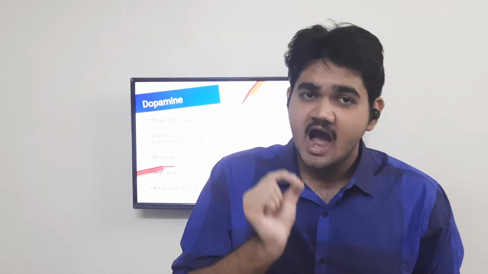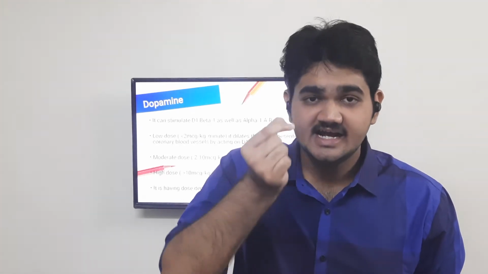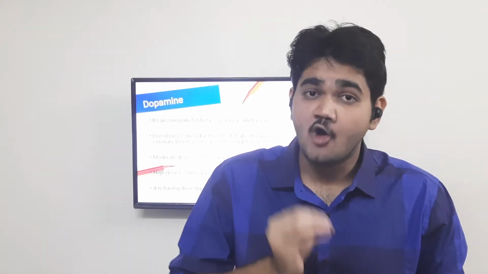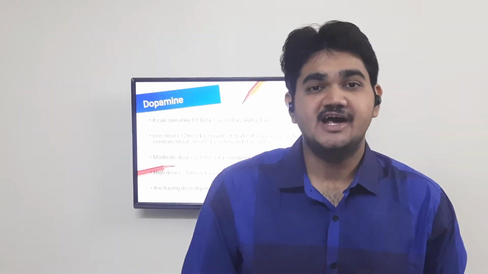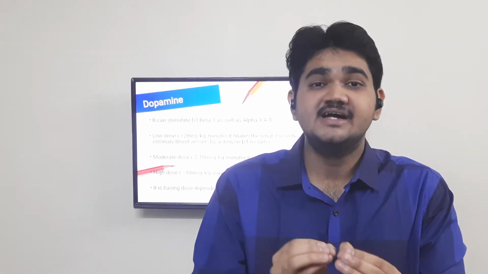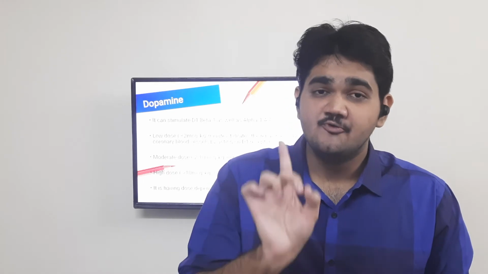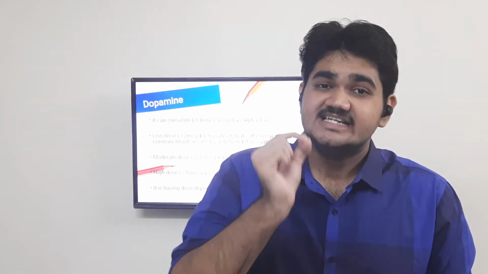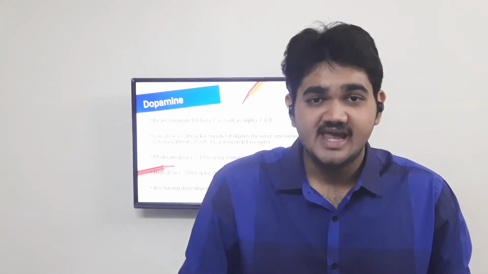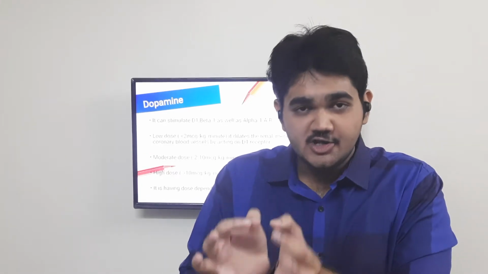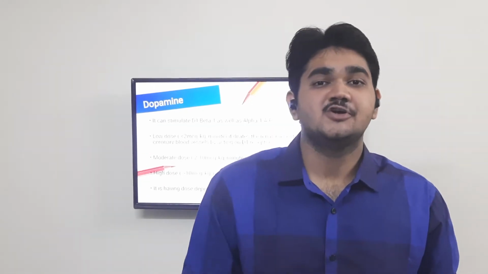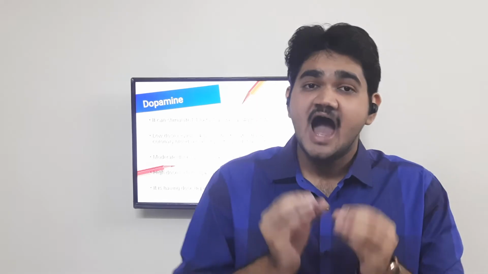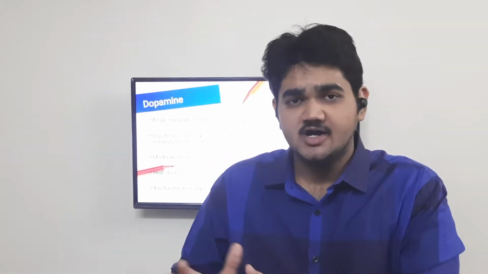Hypovolumic, hypo का मतलब होता है reduction, volume, यहाँ पे we are talking about blood volume. So whenever there is sudden reduction in our blood volume, that type of shock is known as hypovolumic shock.